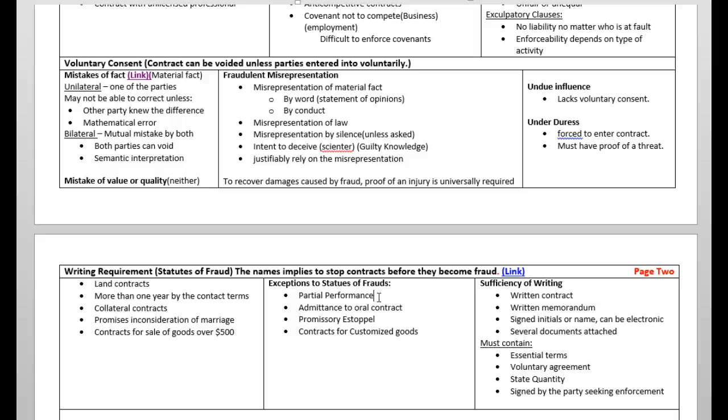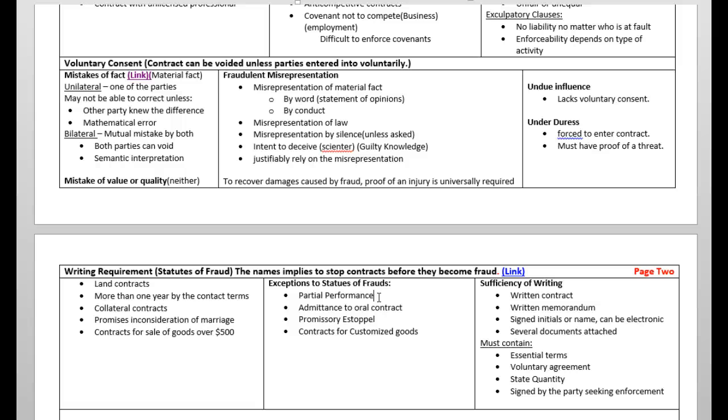And then you come down to, okay, so what's sufficient for writing? A written contract, obviously. I would think the more concrete the goods being transferred back and forth, or the higher the dollar amount, the more I would want a very solid contract.